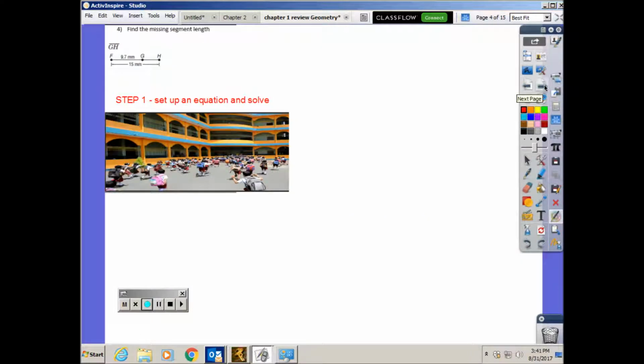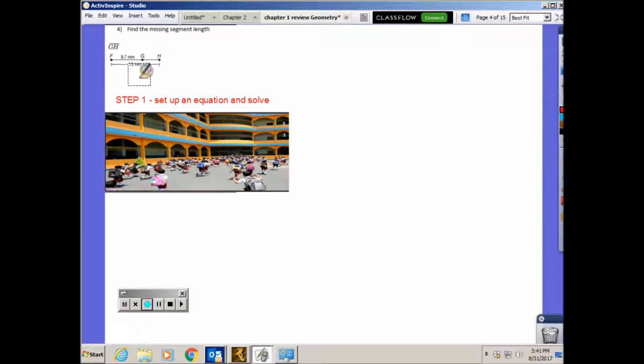Problem number 4, find the missing segment length. So here I can see the entire length, F to H is 15. That means F to G, which is 9.7, plus G to H is going to equal 15. So I'm going to set up an equation.